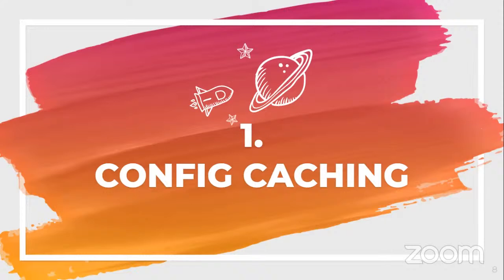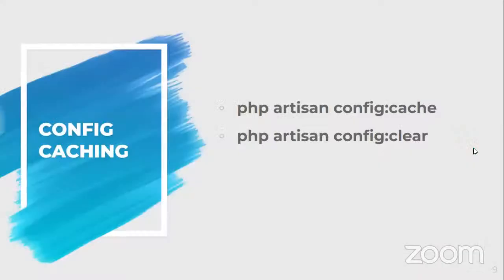Part of the caching system we could use to make a Laravel app faster includes the first one, config caching. To achieve config caching, all you need to do is run an artisan command known as php artisan config:cache. When you run this command, caching is essential for achieving high performance.